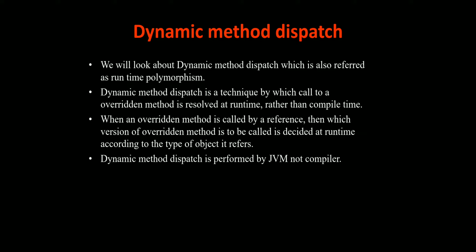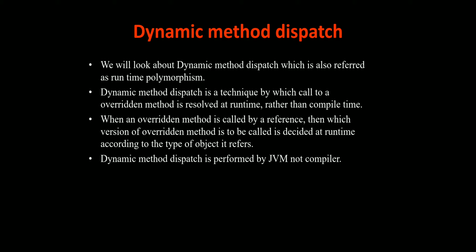When an overridden method is called by a reference, which version of the overridden method is to be called is decided at runtime according to the type of object it refers to.